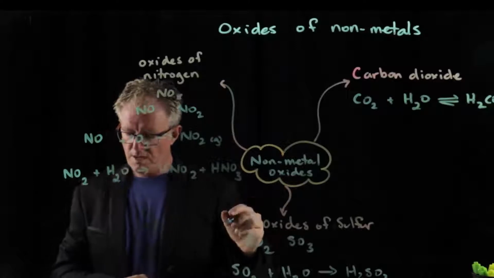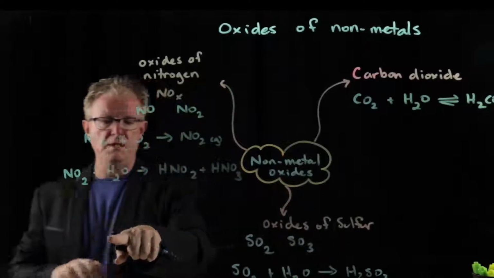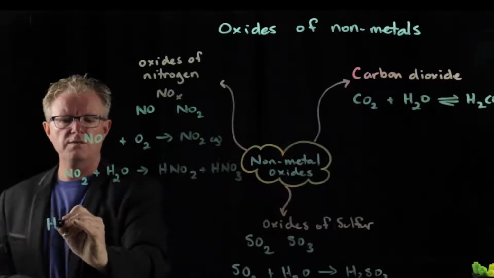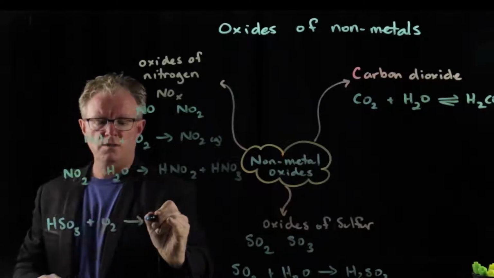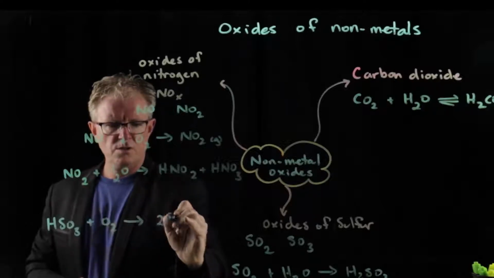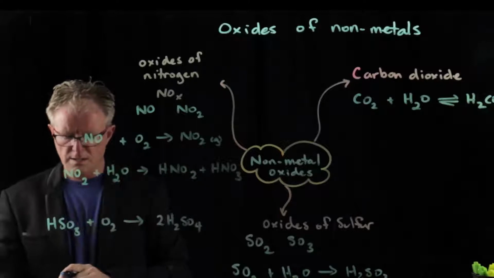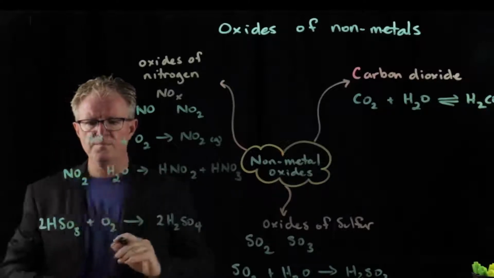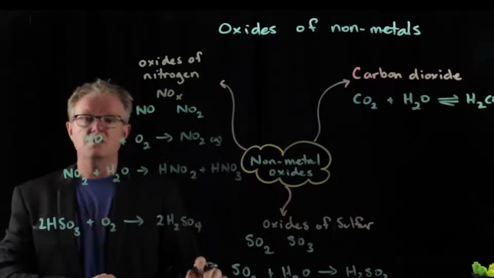And then we can also have the sulfurous acid reacting with oxygen. It's oxidized to sulfuric acid, the good old one that we use in the lab. So sulfur is also of grave concern.